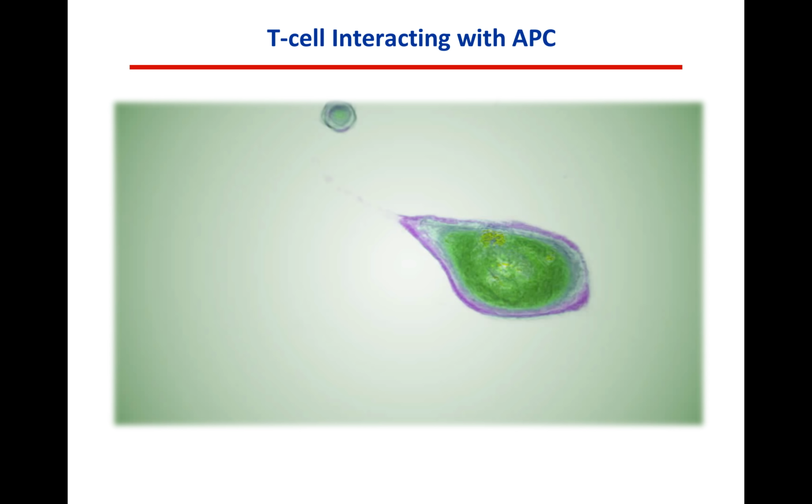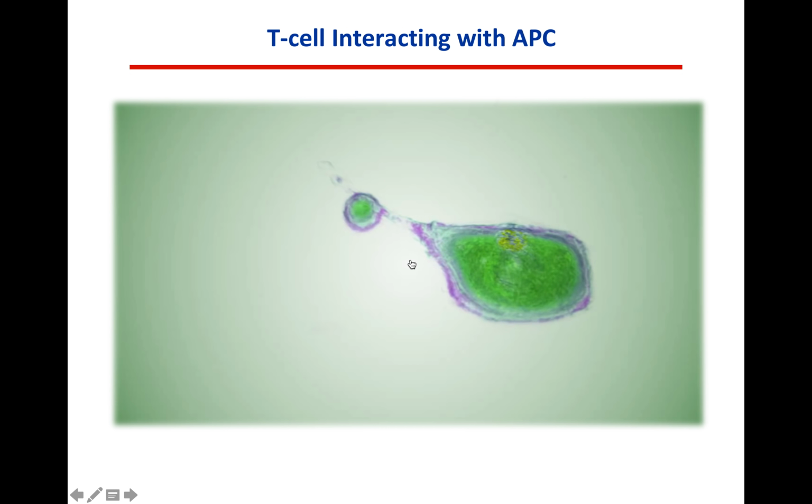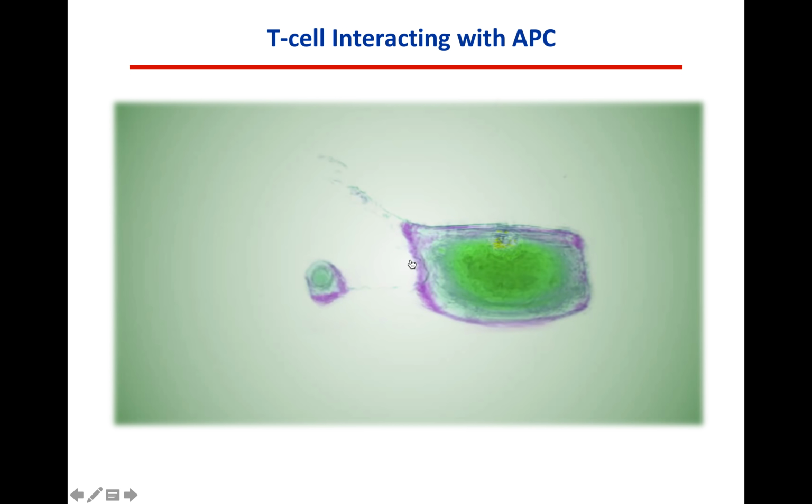Here you have, for example, a B cell, a T cell, and an antigen processing cell. You can see it now interacts with the membrane, sampling it and finding what the specific interactions are, and we're going to see that in detail. Then it leaves the antigen processing cell and seeks out a potential B cell.